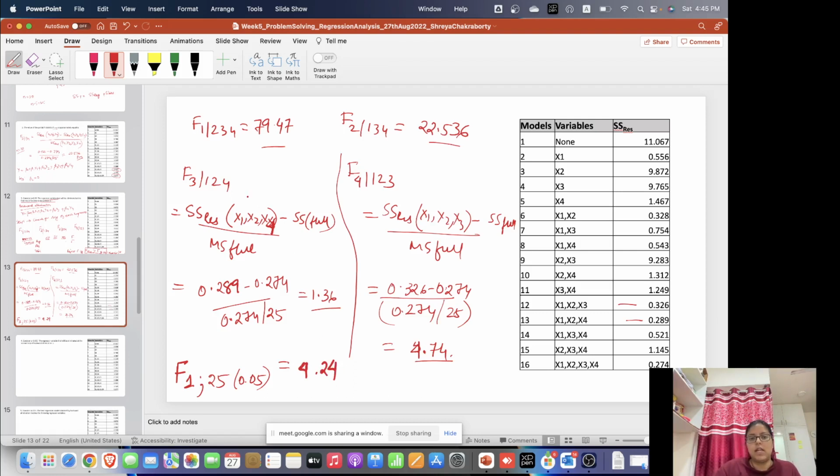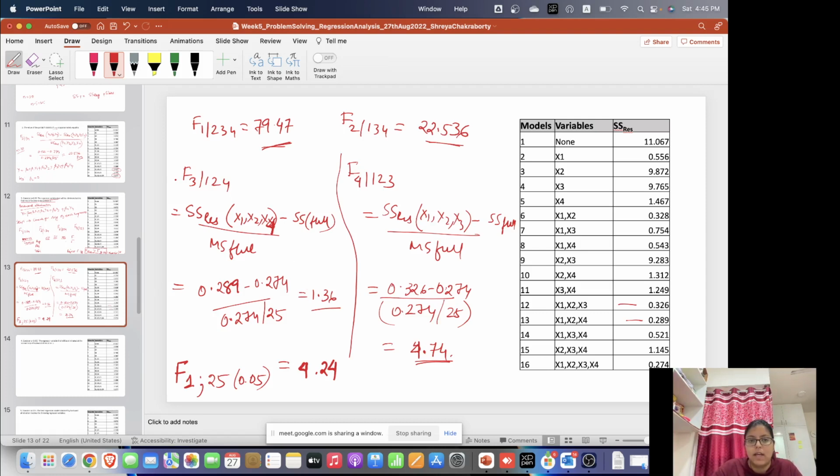Now you see each of these F's is greater than 4.24, which means that each of these variables is significant. Like I explained in the previous model, if you go from the ANOVA table, then F's greater than that F with df numerator and df denominator threshold are rejecting H naught, meaning significant.